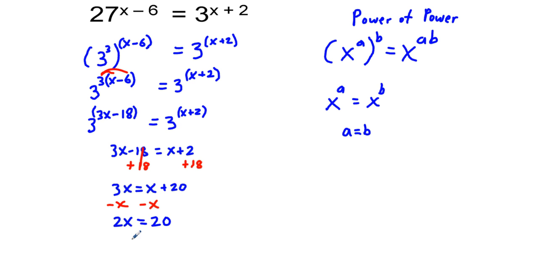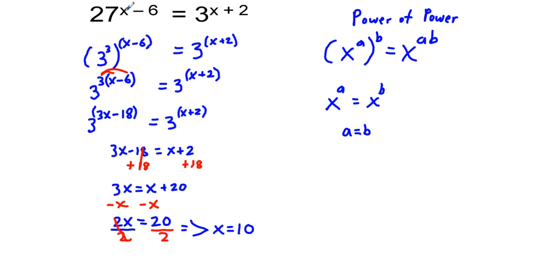The last step is dividing both sides of this equation by 2. The 2 over 2 cancel each other to equal 1. And now on the right side, we have x is equal to 10, which is our solution.